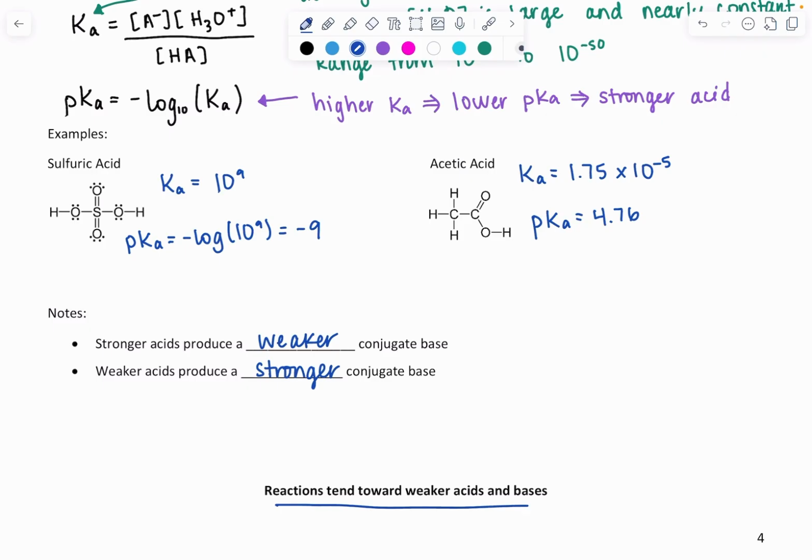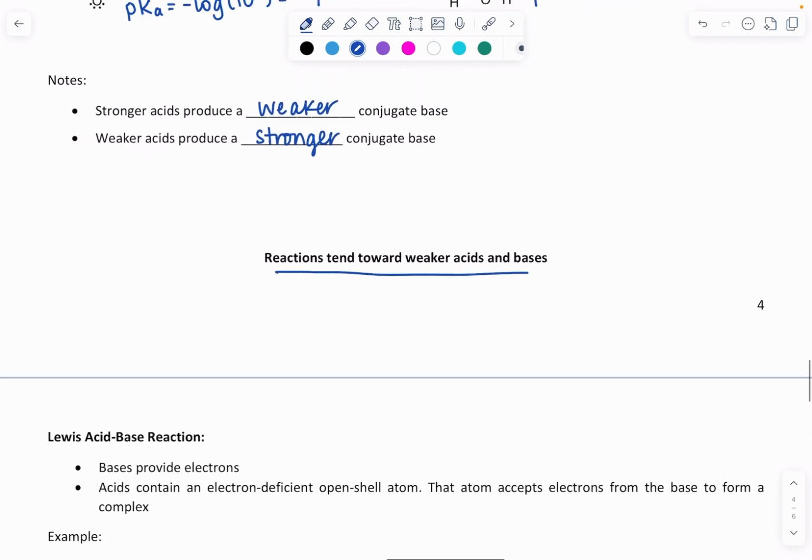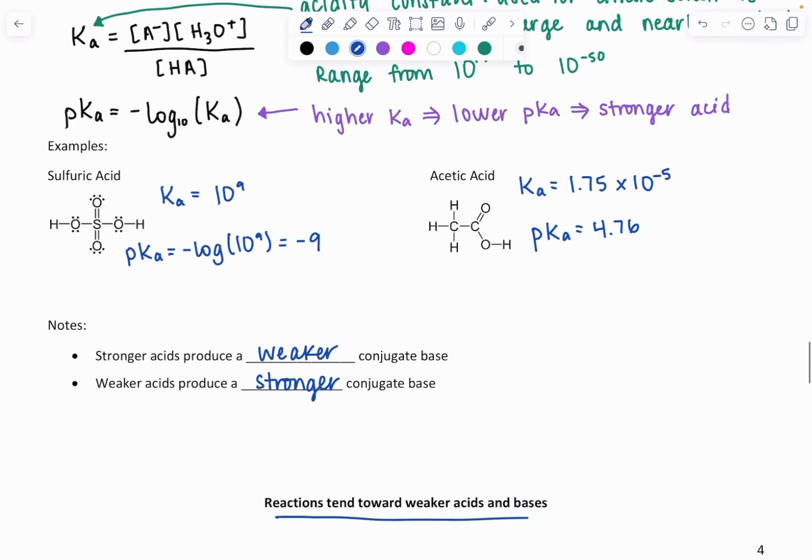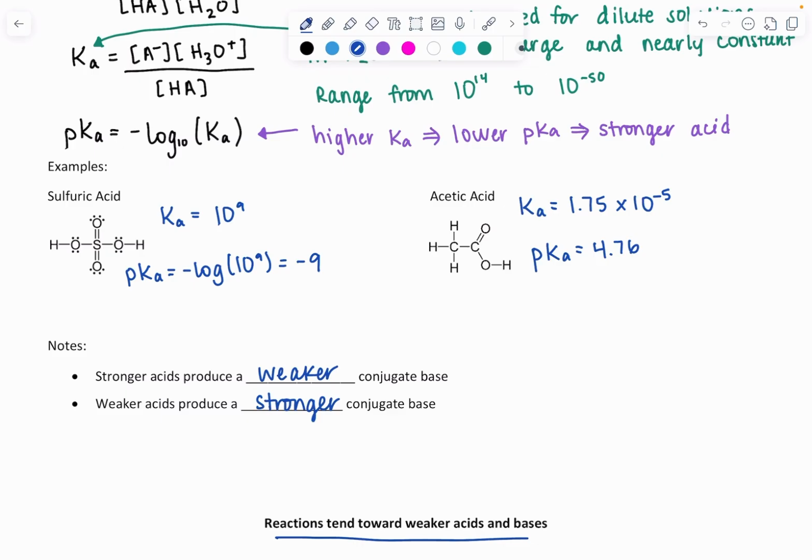We will be able to predict whether a reaction lies to the right or left given pKa values of the acids. So that is something that will come up after we talk about Lewis acid-base chemistry. So I want to show you the next page on Lewis acid-base chemistry, and then we'll move on to predicting whether a reaction lies to the right or left in the part 2 notes.